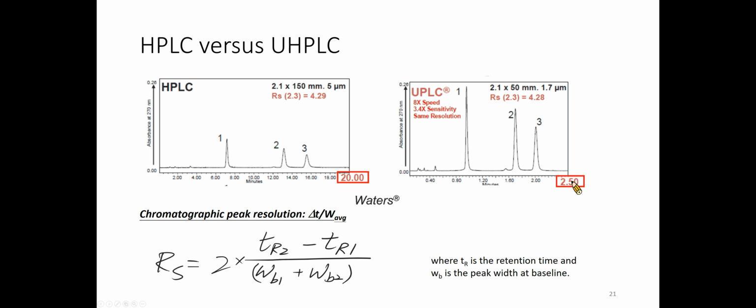The UPLC run further improved the sensitivity by 3.4-fold. Just as a reference, we can calculate the peak resolution by dividing the retention time difference with the average of peak width. We will discuss it in our following lectures.